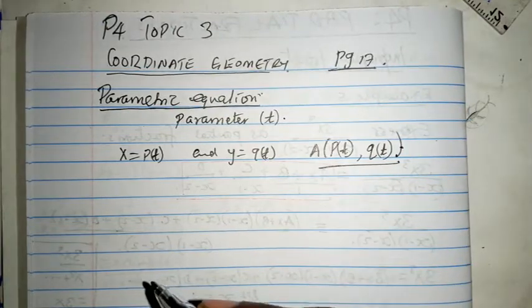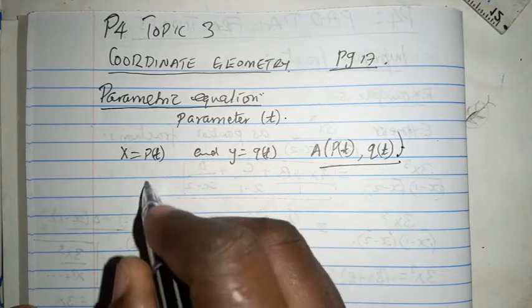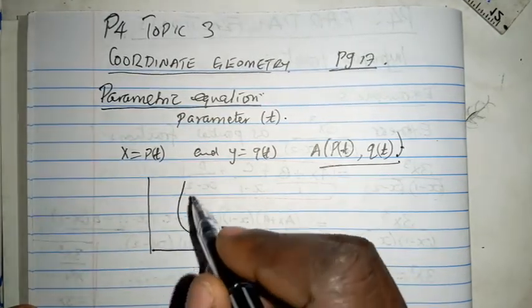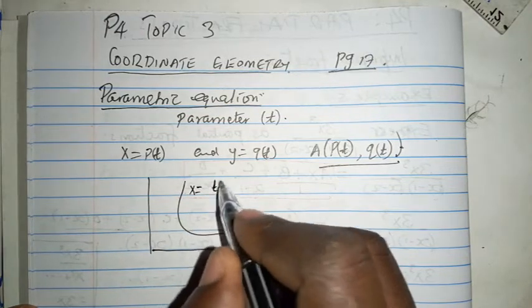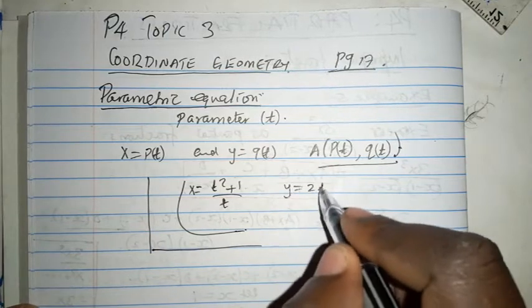For example, if you are told there is a curve like this here, and x is given by t squared plus 1 over t, and y is given by 2t.